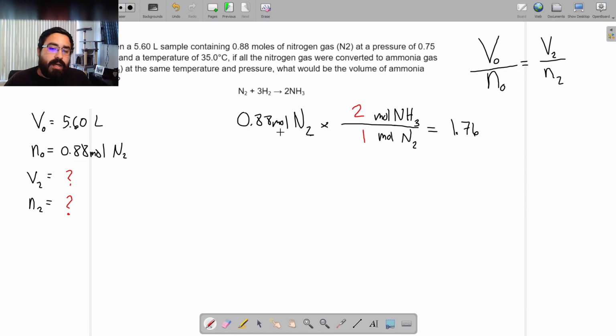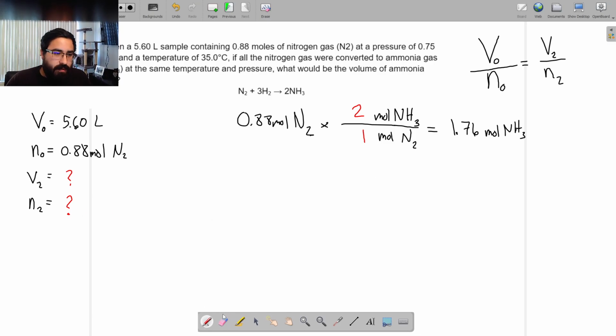But we're not going to round until the very end. I know there's 2 sig figs here. Do not round until the very end, because if you round here, then you're going to use that incorrect number here. You round at the very, very end. All right? So moles of NH3. Look at that. We have the correct number of moles. So 1.76 moles of NH3.